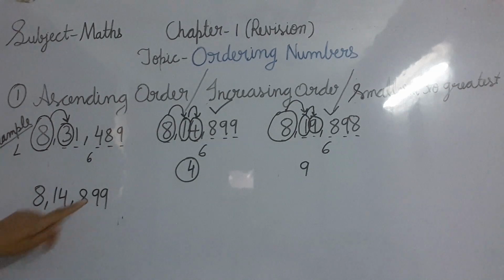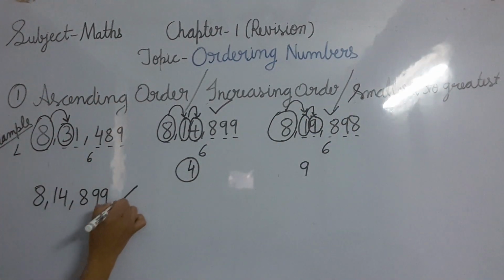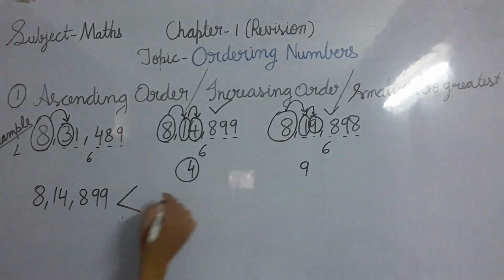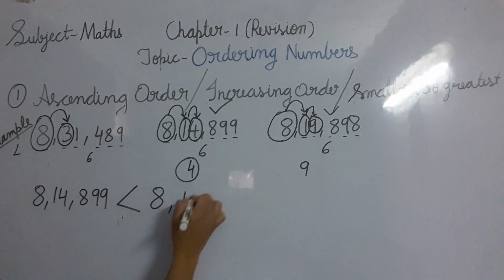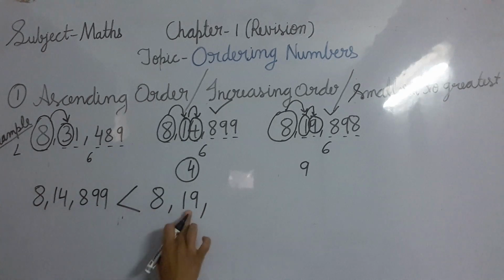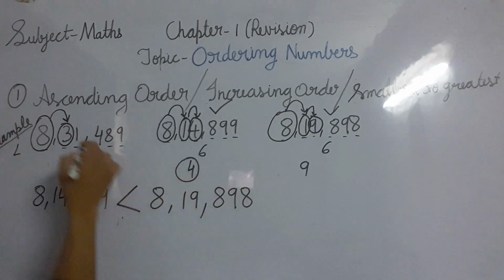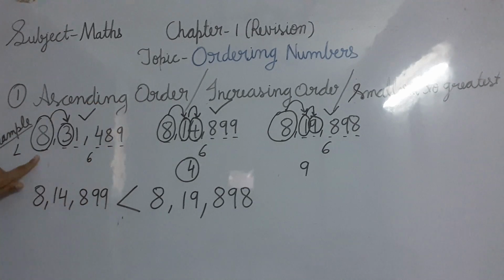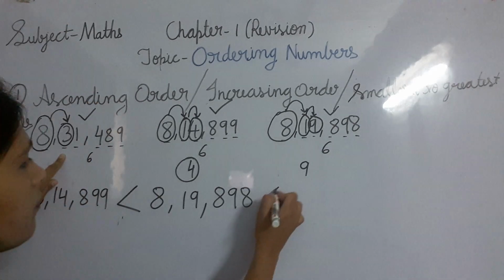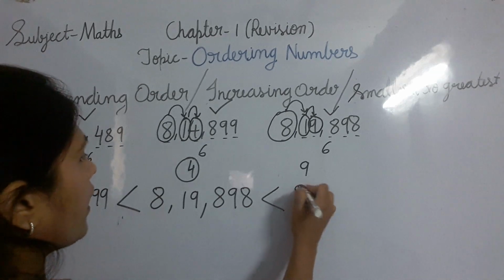We are arranging smallest to greatest, so this is the smallest, the second one is this, and at the last we are left with the greatest number. This is the greatest among these.